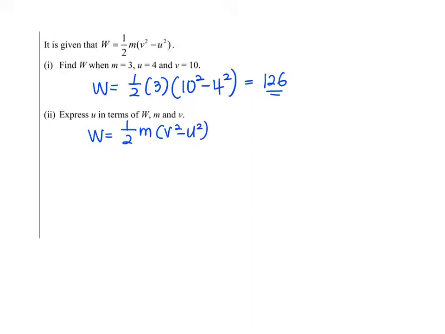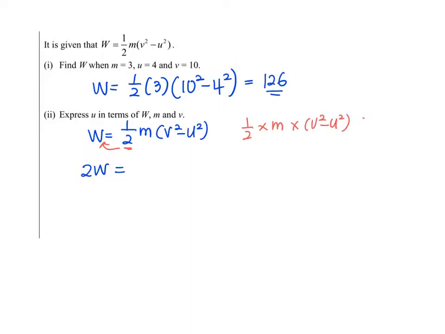Now what I don't like is I don't like denominators. So there's a denominator 2. I can try to multiply away. So I'm going to multiply 2 to the other side to every part of the term. So this will be 2W. Now this whole thing is actually seen as half times M times V square minus U square.